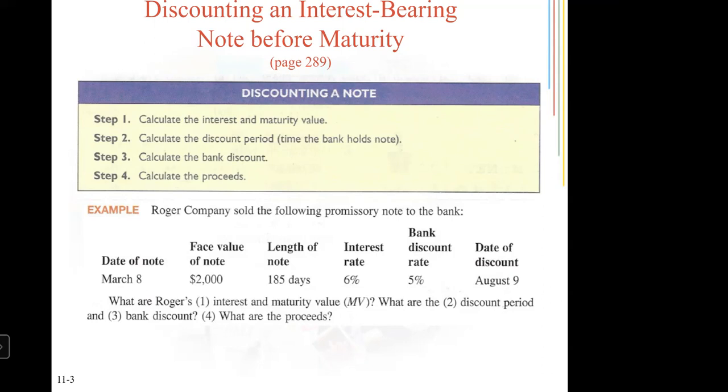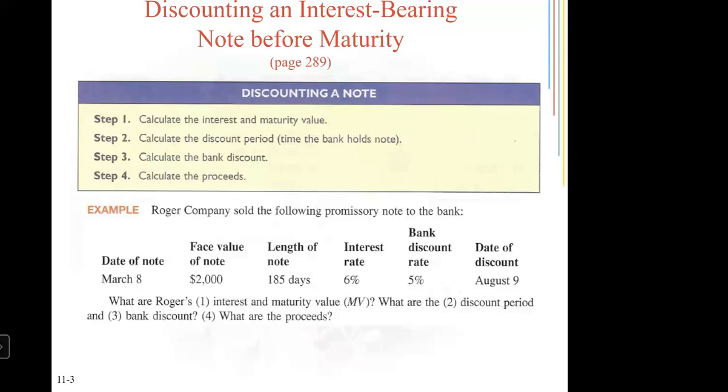They have 185 days to pay for the note. The interest rate on that note is 6%. Now, when they take it to the bank, the bank is going to charge them 5% interest for cashing in the note. And they took the note in on the 9th of August.